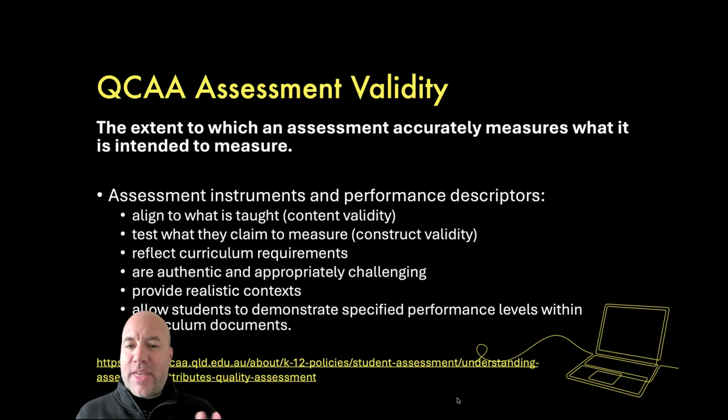So again, a lot of that is wrapped up, like the Victorian definition, in: are we actually assessing what we've taught and what we mean to assess? That language of content validity and construct validity, which does draw heavily on the tertiary sector's language, is really important and something which we're going to review of those three assessments that I showed you earlier.